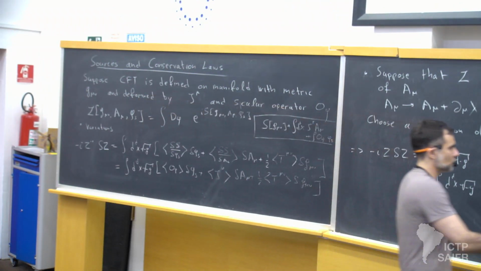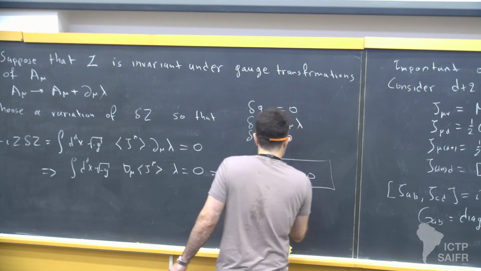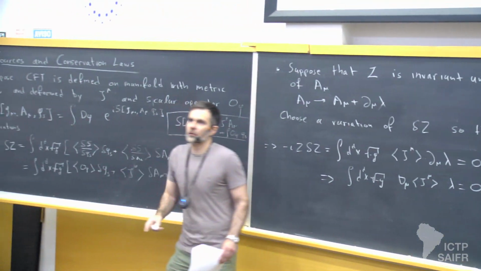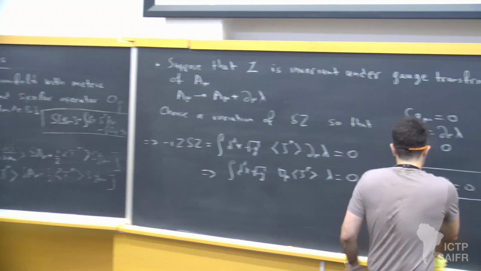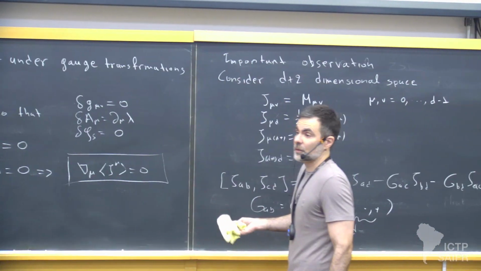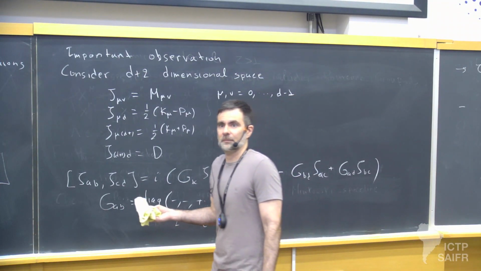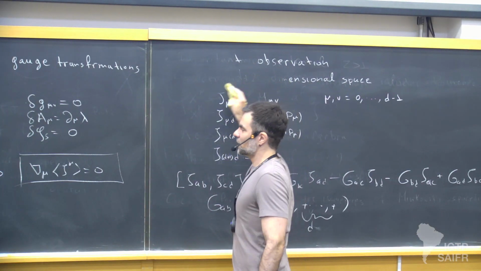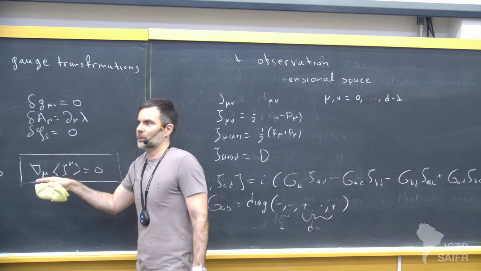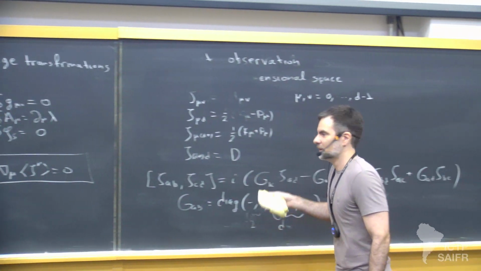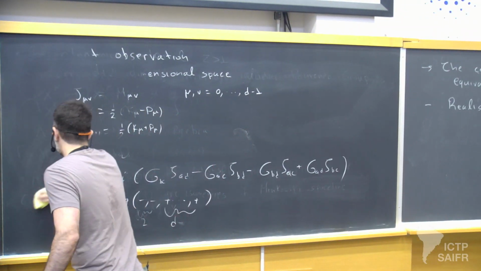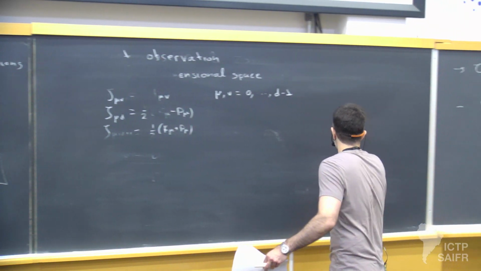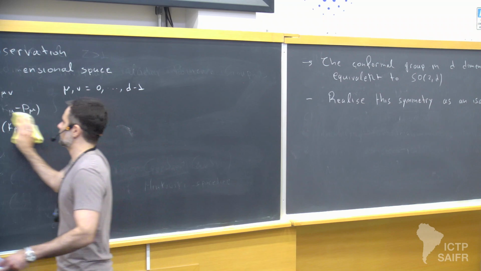That's a nice thing. That's a Ward identity that I can write if the partition function is invariant under external gauge transformations. This is telling me that there is a conserved current in the system. Conversely, if you have a conserved current in the system, you can couple your current to external sources, and then you will effectively get gauge invariance.